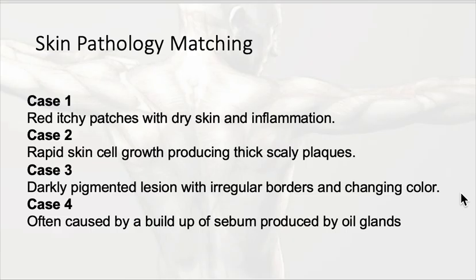So red itchy patches with dry skin and inflammation. In this case, red itchy inflammation would be referring to eczema. Now, the difference being here is that rapid skin cell growth producing thick, scaly plaques refers to psoriasis.